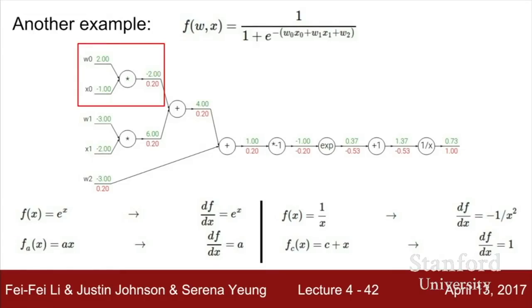We have a few more gradients to fill out. Moving back, we've reached W0 and X0, where we have a multiplication node. We saw the multiplication node from before: the gradient with respect to one of the inputs is the value of the other input. So what's the gradient with respect to W0?